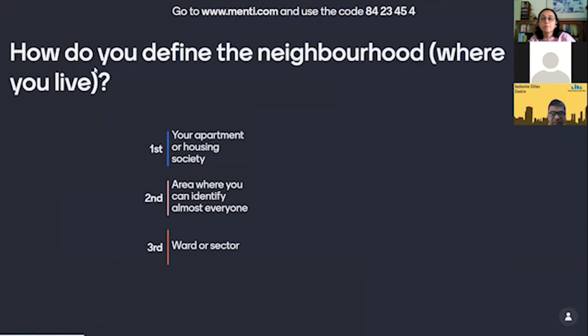So the question here is, wherever your house is, how would you define the neighborhood around it? Is it an apartment or a housing society where you live? Or the area in which you can identify most of the faces?